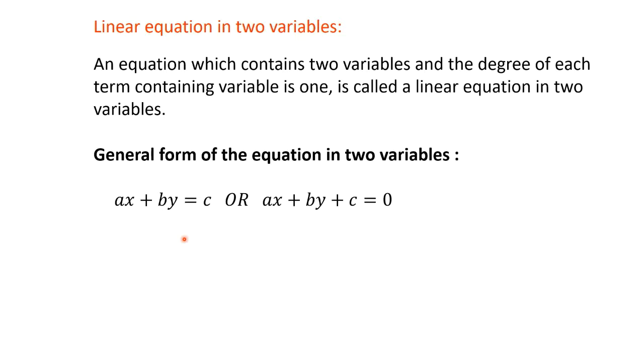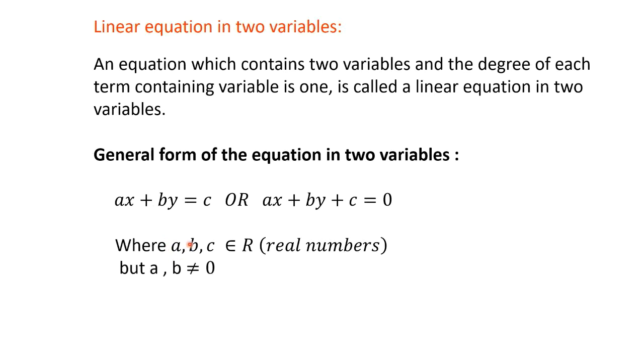Simultaneous means at the same time. In this general form, a, b and c are real numbers, they belong to R. But since we want two terms, the condition is that a and b cannot be 0. c can be 0, but a and b cannot be 0. This is the important condition here. So this is the general form.